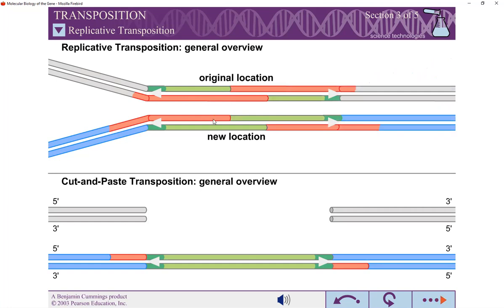Between the original location and the new location. Are you able to understand? This is a replicative transposition. In the case of replicative transposition, one strand of the DNA remains as such, the other strand of the DNA moves to a new location and forms a complementary strand. Now, crossing over has taken place between these strands in the following manner.